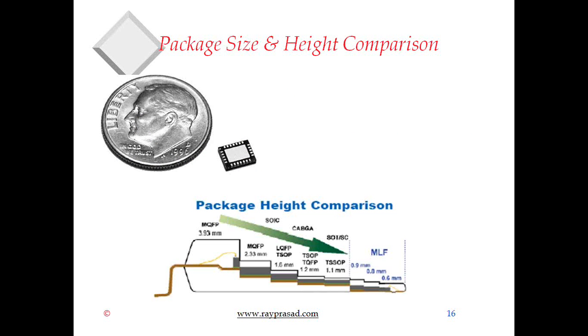But the thickness of the package, if you compare to the metal quad flat pack and various types of packages, even the TSOP, thin small outline package, over time, the BTC provides a very thin package, and that's part of the reason for their attraction into mobile devices of today.